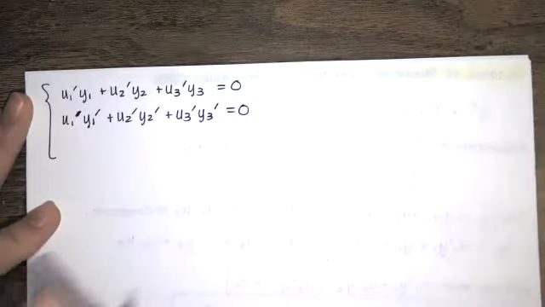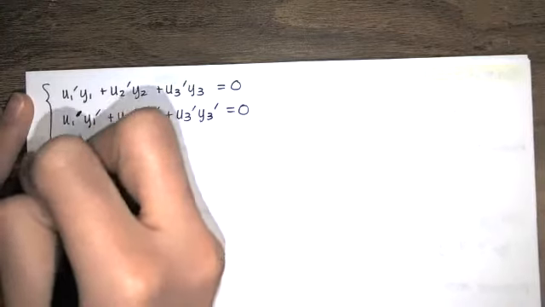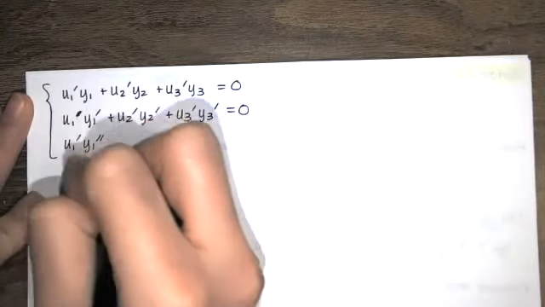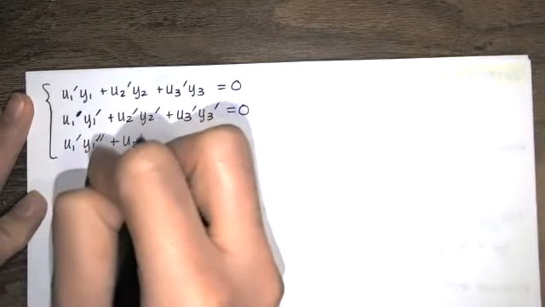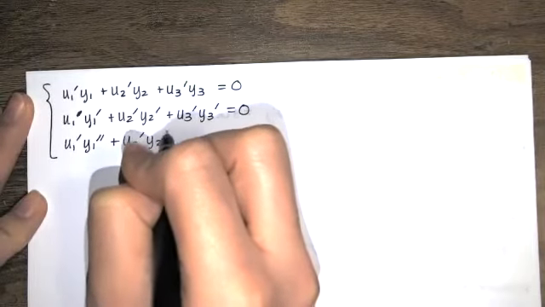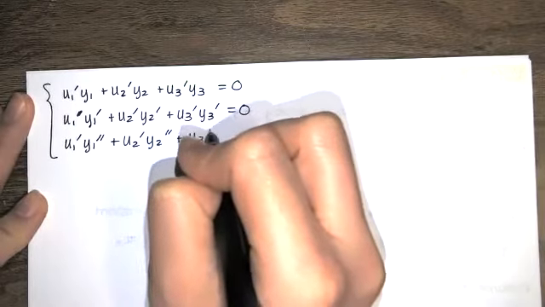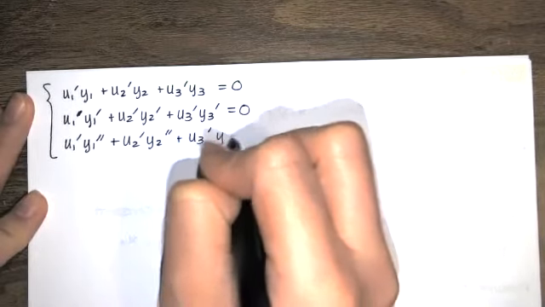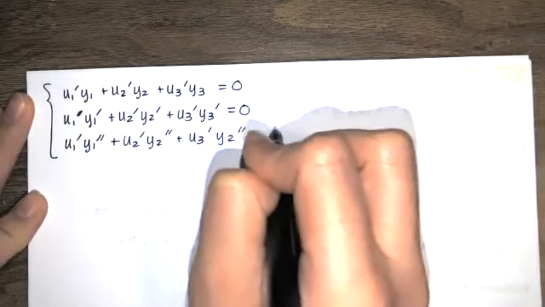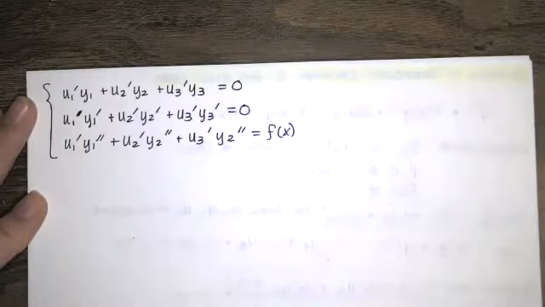And then because y1, y2, and y3 were all solutions, it turned out that u1 prime times y1 double prime plus the corresponding terms for u2 and u3, you're going to have exactly that same form. If you add those together, then you have to get f of x. And that's pretty nice, because now we can use Cramer's rule to solve this, and we can get u1 prime, u2 prime, and u3 prime by themselves.